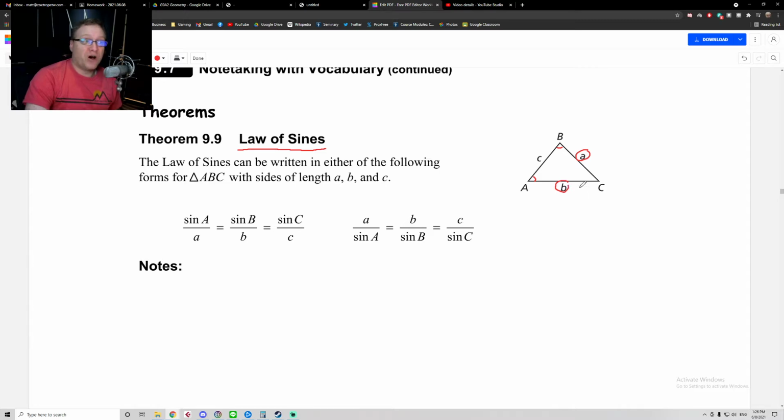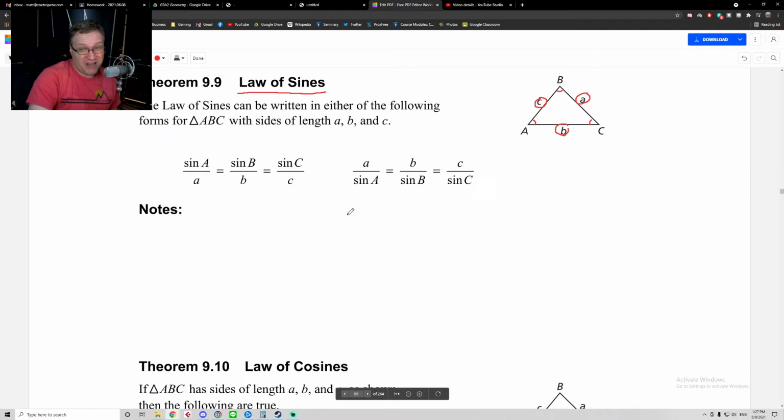And that's going to also equal the sine of this angle divided by this side. So that is the law of sines. It just tells us that the sine of A divided by side A equals the sine of B divided by side B equals the sine of C divided by side C.